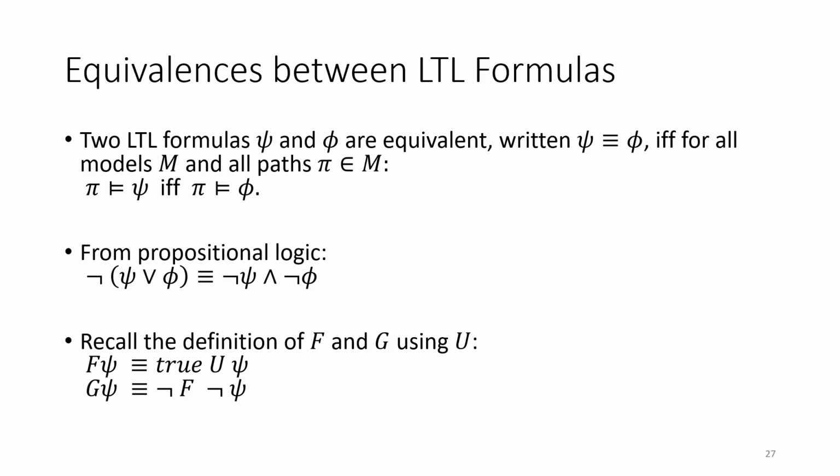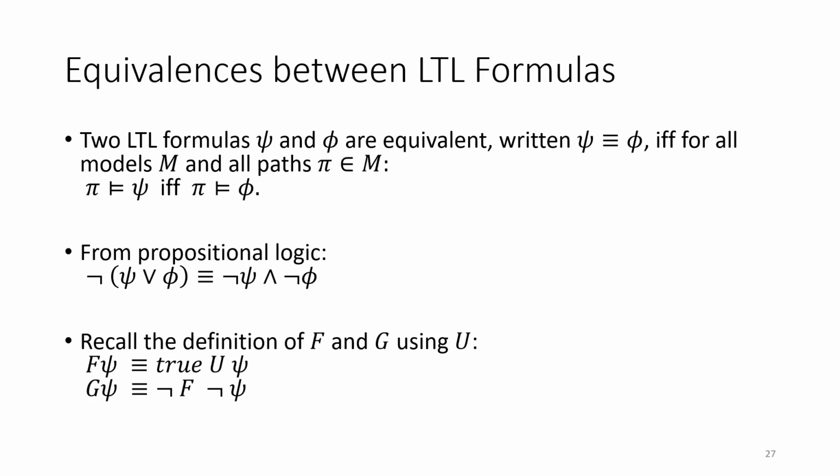And this is for all models M. We can pick all paths. So for all models, for all paths, the two formulas always agree on whether the path satisfies the formula. And then we can say that those two formulas are equivalent.